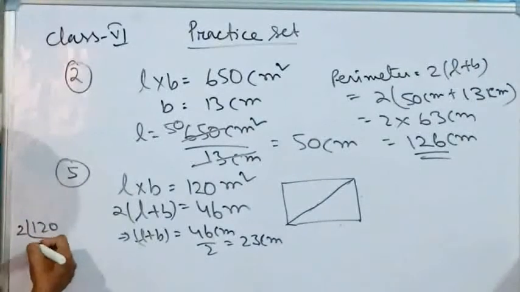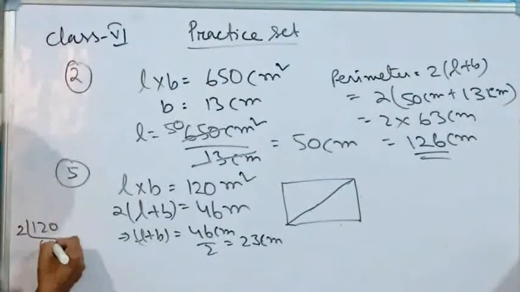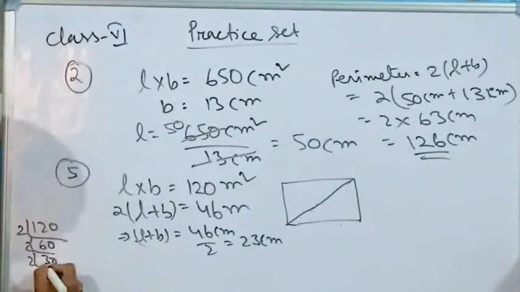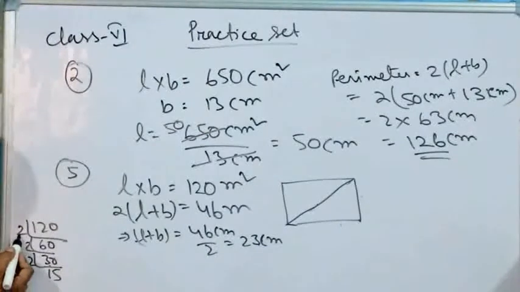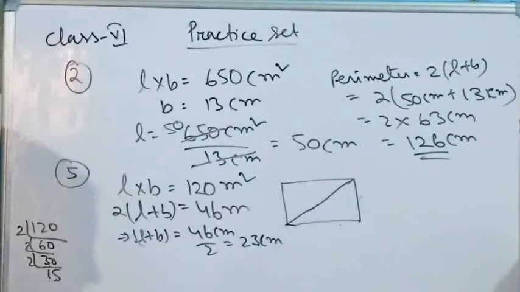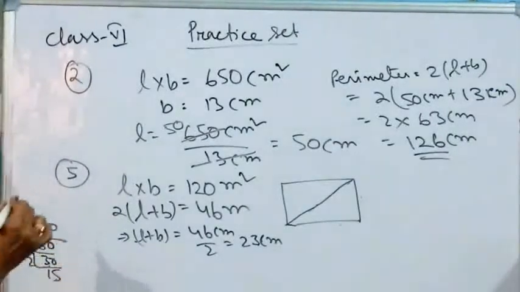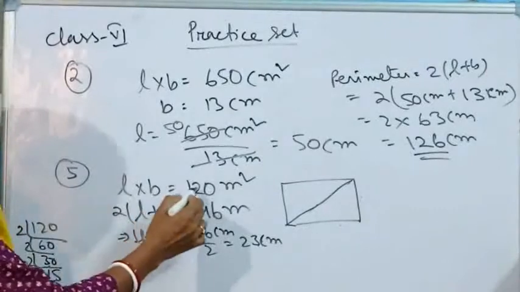Let's go for this. Okay, here it is 60, then it is 30, then we can write 15. Okay, see, 2 2s are 4, 4 2s are 8. Yes, so 8 plus 15, what will you get? 8 plus 15 equal to 23. Yes, and 8 into 15 comes to 120.